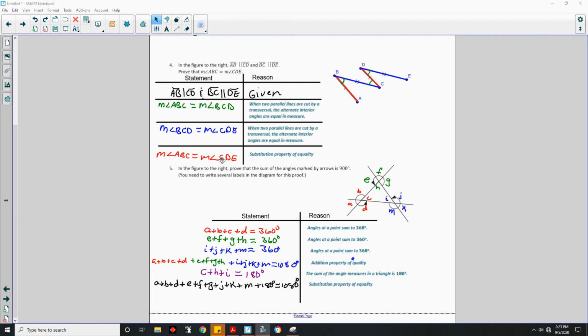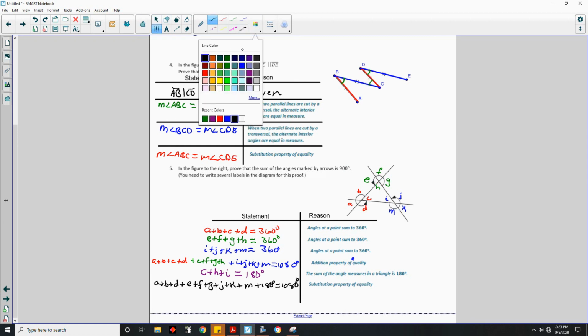And I believe now that we have enough information to come to a conclusion. And let's use orange. So how do we put this all together? Well, now we're going to say A plus B plus D plus E, and so on and so on.